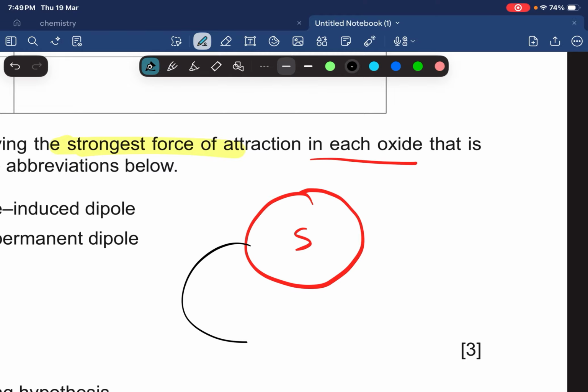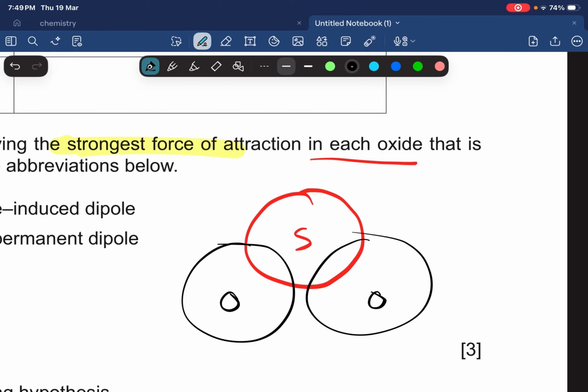But it's not. There's one oxygen here and one oxygen here, and we're not interested in the bonding, but we know that sulfur is in group 6. So 1, 2, it's not linear. It's going to pull down here 1, 2, 3, 4, 5, 6, 7, 8, 9, 10.